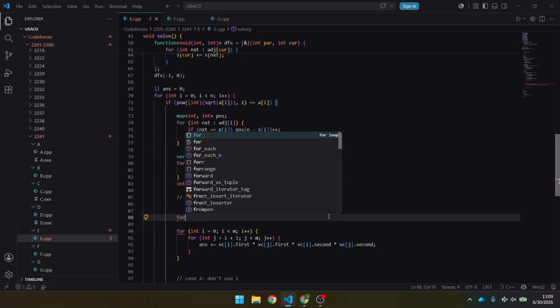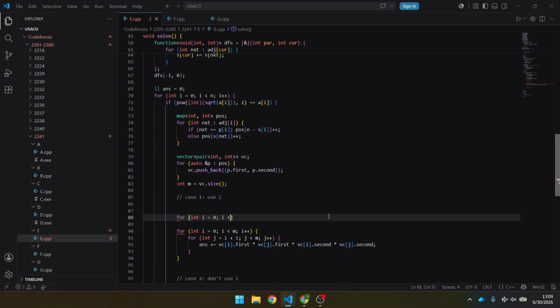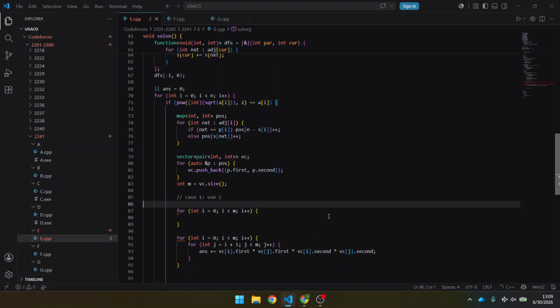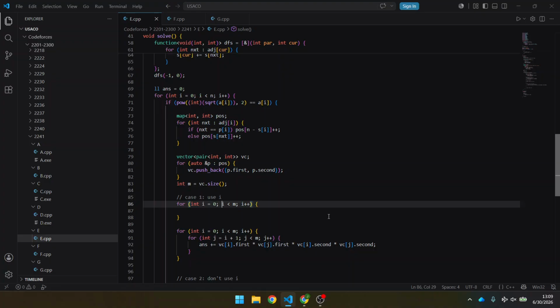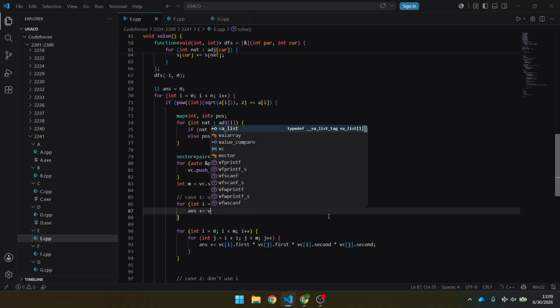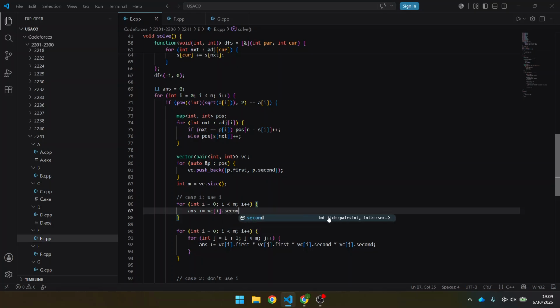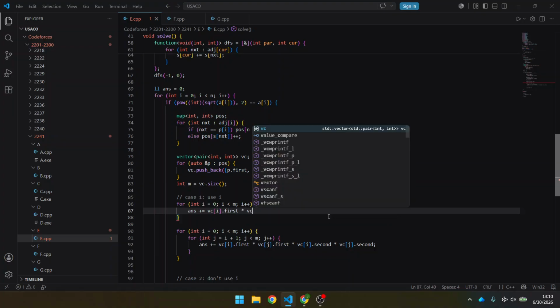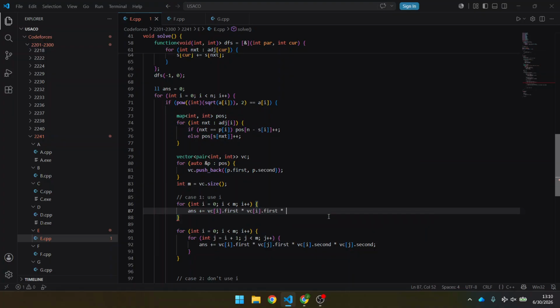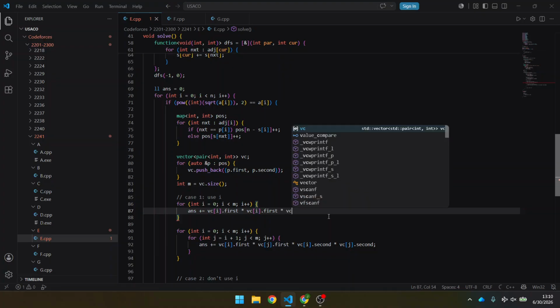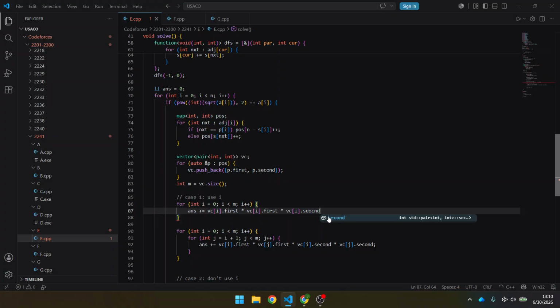For int i is 0, i smaller than m, i plus plus, answer plus equal to vc i dot first times vc i dot first times vc i dot second times vc i dot second minus 1.